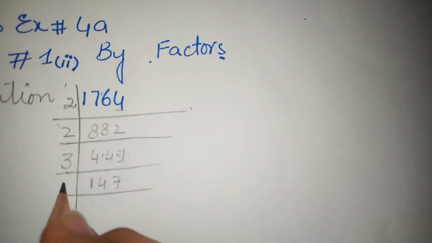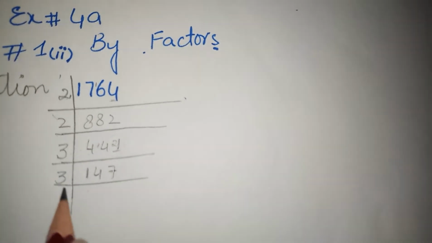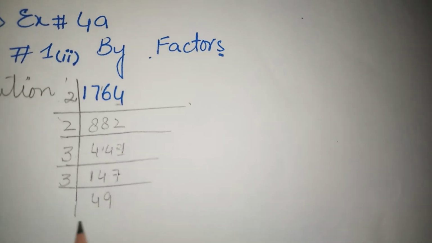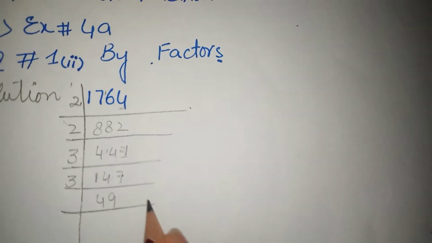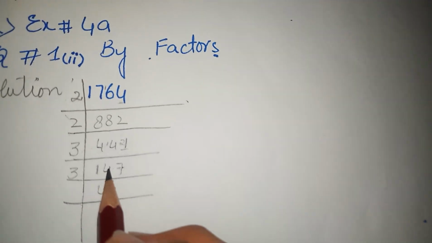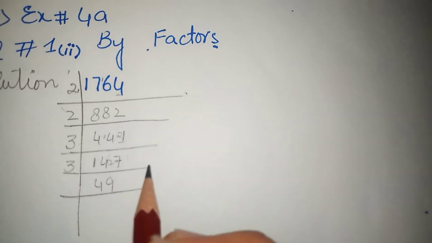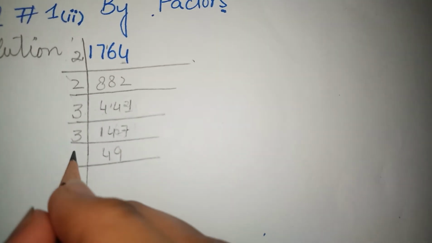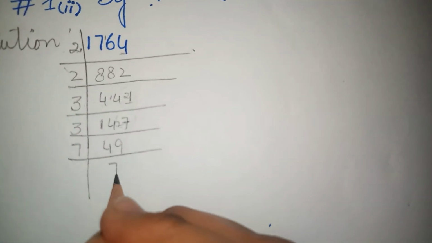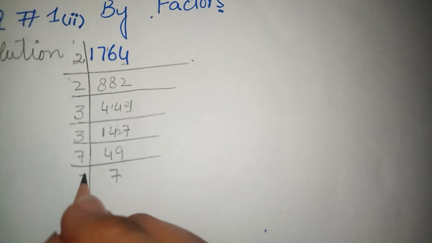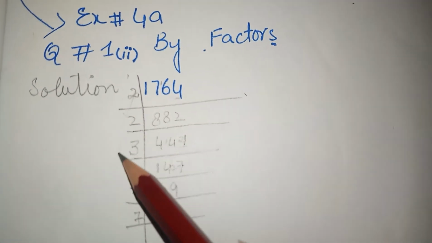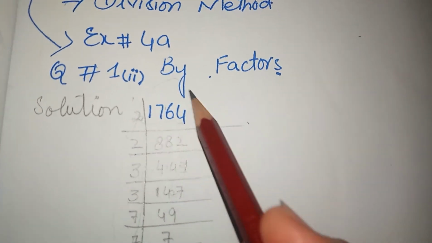Again an odd number, so we divide it by 3 again. 3 fours are 12, 3 nines are 27. Now the number is 49, so it is divisible by 7. 7 sevens are 49, 7 ones are 7. So these are the factors of this number.